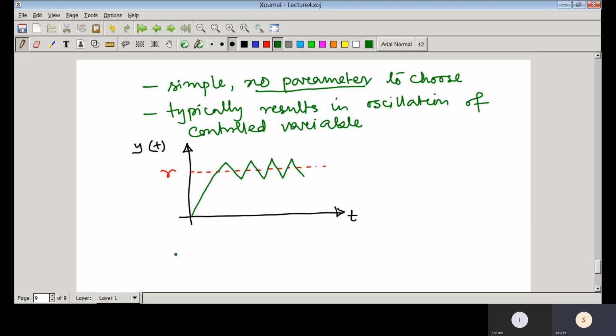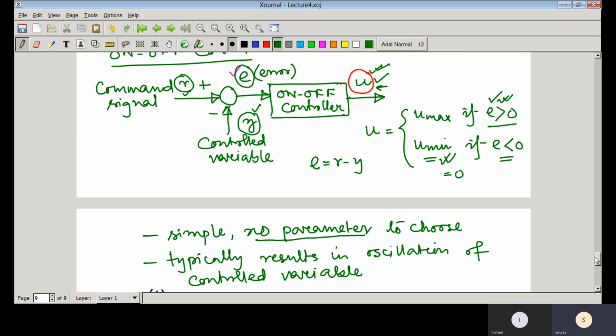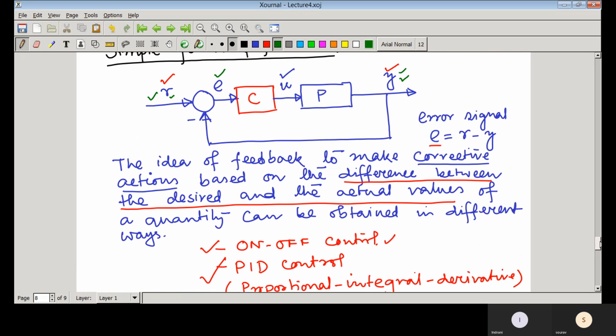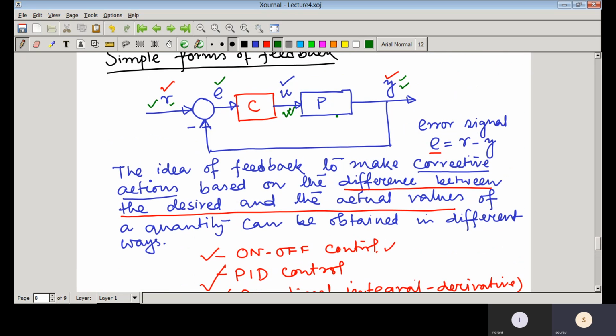There is another disadvantage of this on-off control, although it is simple. You can see here that when the error equals 0, no control input is defined. So you do not know how much control input will be fed to the plant.